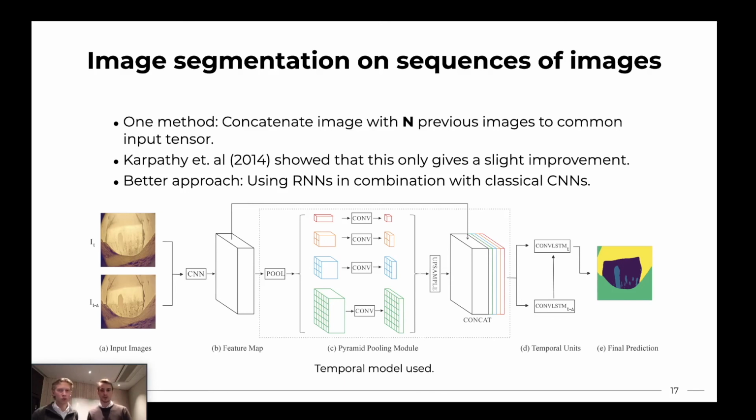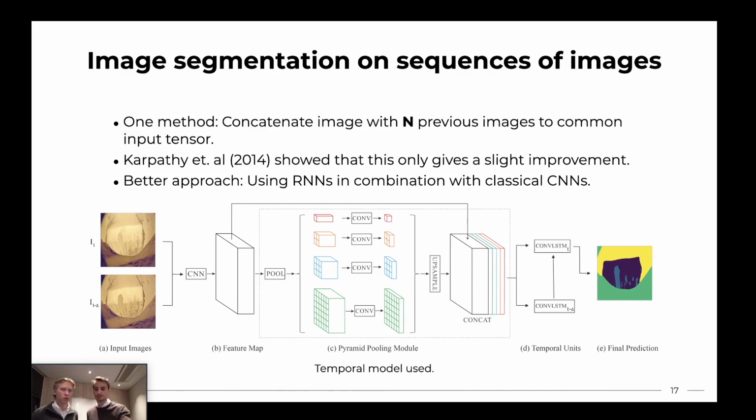So the final model that we used is what you see at the bottom of the page. Two images are being fed into the PSPNet, the best of the models. They are being processed by the same weights, producing two feature maps that are then input to two different convLSTM cells.